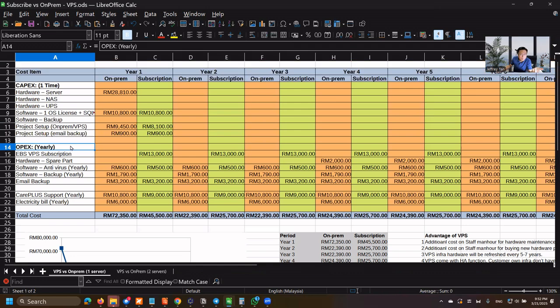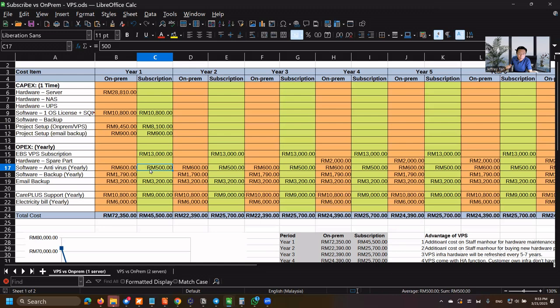And the next thing is about the OpEx. OpEx is operating expenditure. So we will see what is inside: the yearly subscription for the cloud server, the spare part, and the antivirus license. No matter whether you use the cloud server or the on-prem server, you need to pay for antivirus.